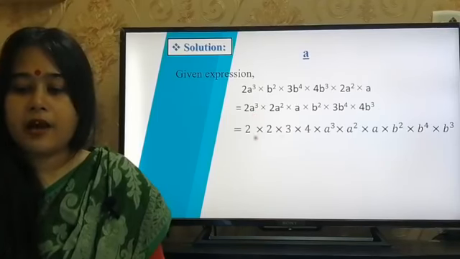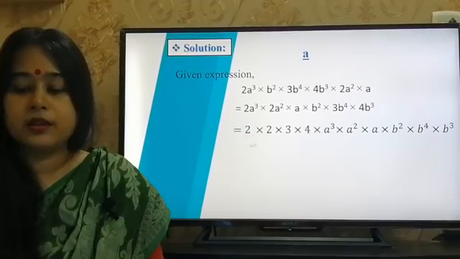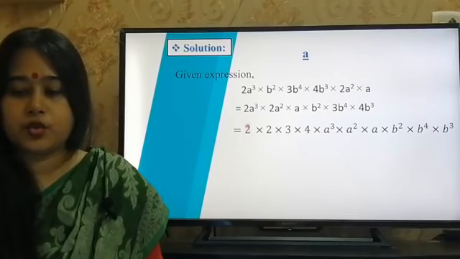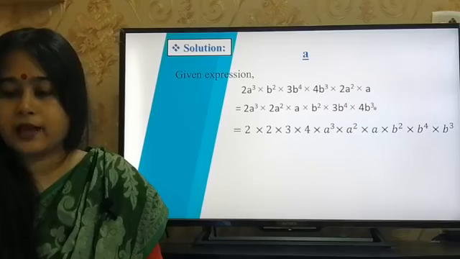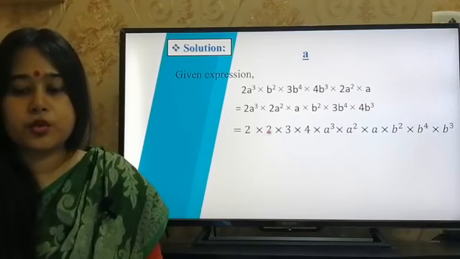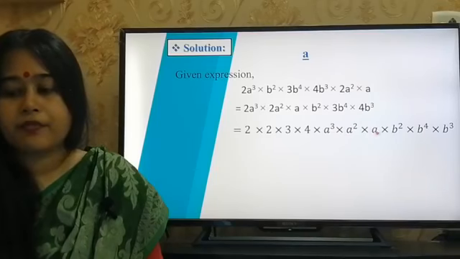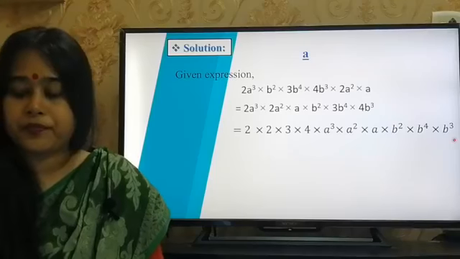Now we multiply all the numerical coefficients, that is 2, this 2, this 3 and this 4. So 2 into 2 into 3 into 4, and the exponents a cube into a square into a into b square into b to the power 4 into b to the power 3.